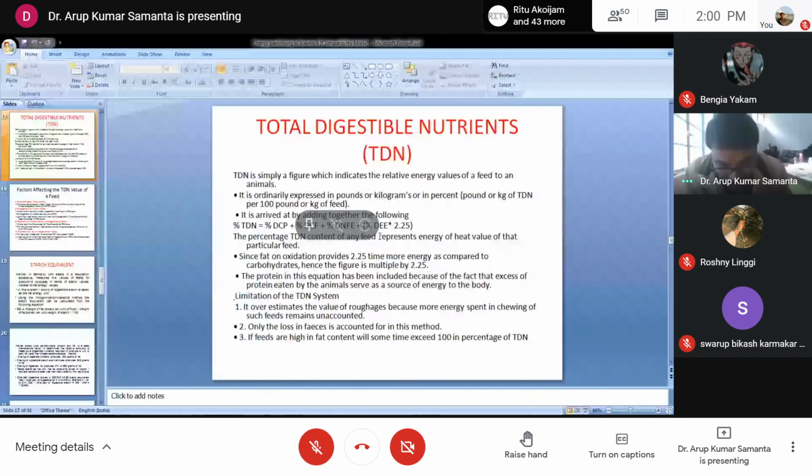So if a particular feed does contain very high content of mineral, definitely the DCP value, DCF value, DNFE value and DEE value is going to be less. In that case, the TDN value is going to be low, because we are not considering any mineral matter in calculation of TDN percentage. If mineral content is very high, definitely this value is going to be less. That's why the TDN percentage is going to be lower.